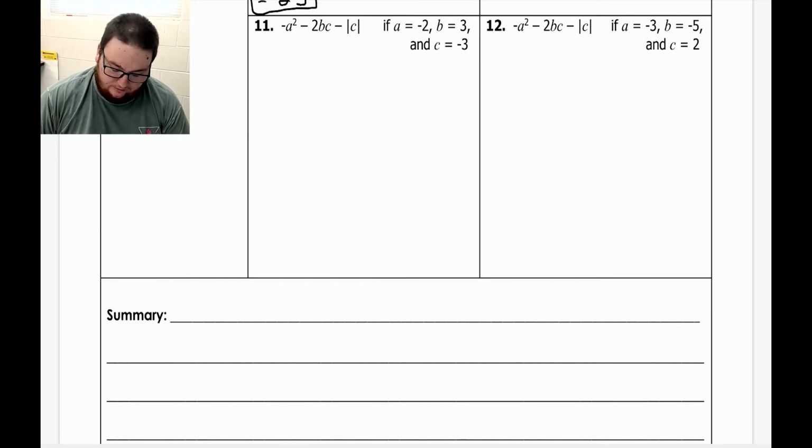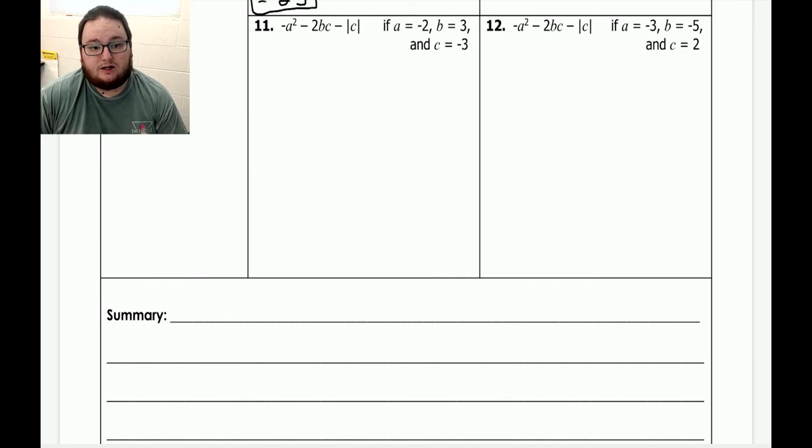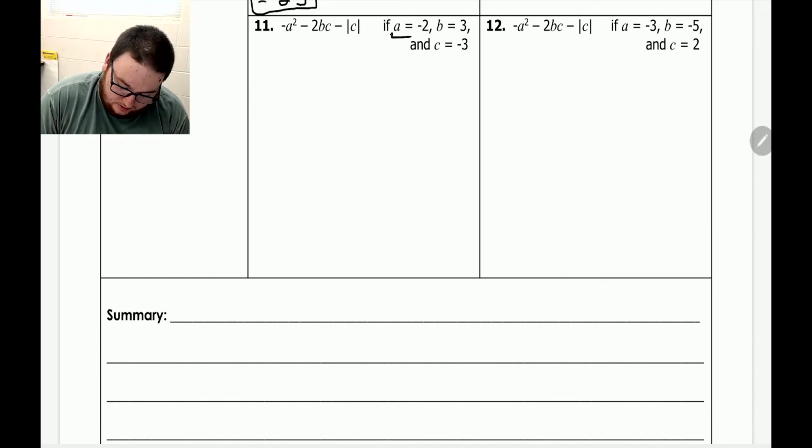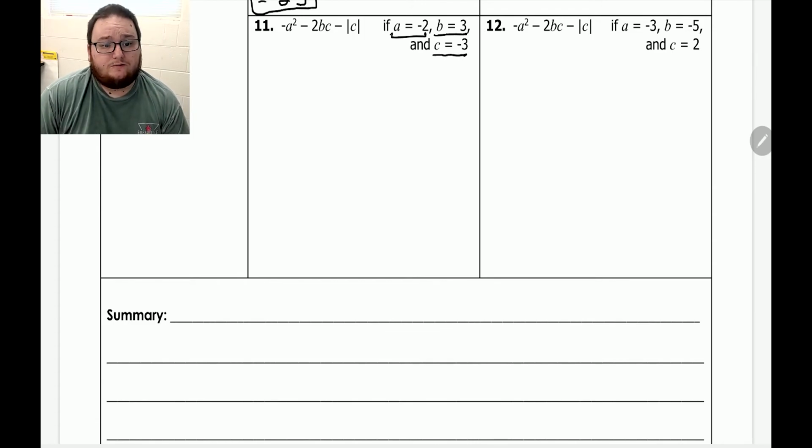Finally, we have number 11. Number 11 is negative a squared minus 2bc minus the absolute value of c. And we have a is equal to negative 2, b is equal to 3, and c is equal to negative 3. First step is to substitute the numbers.